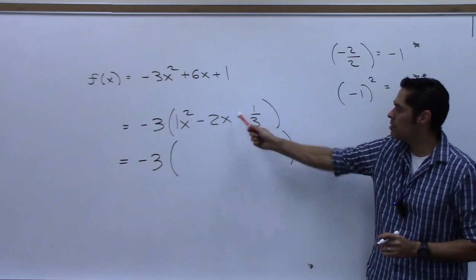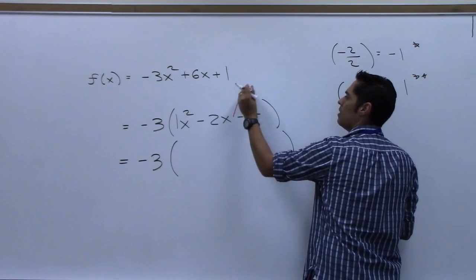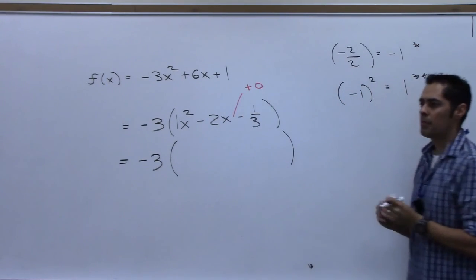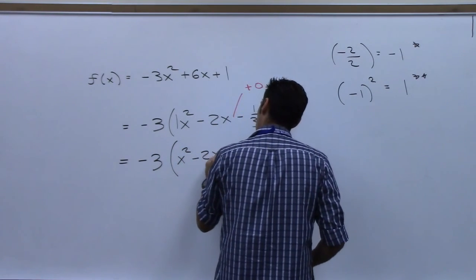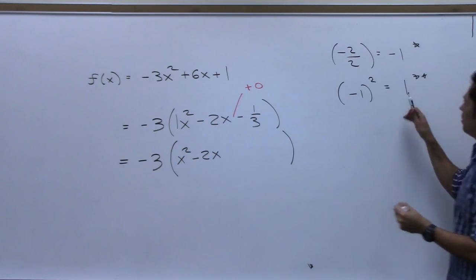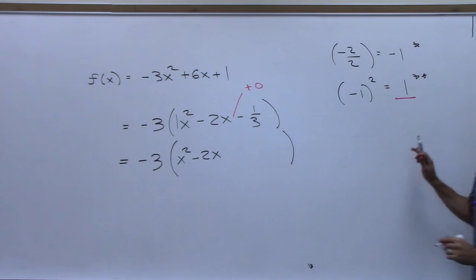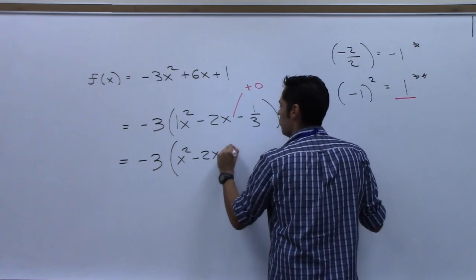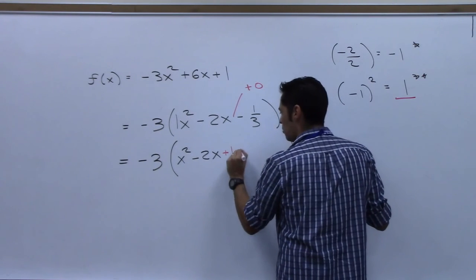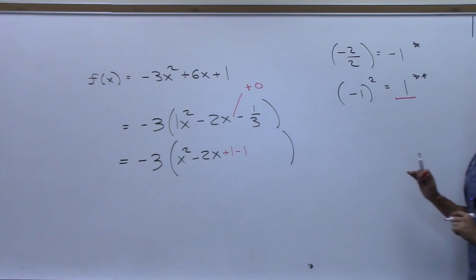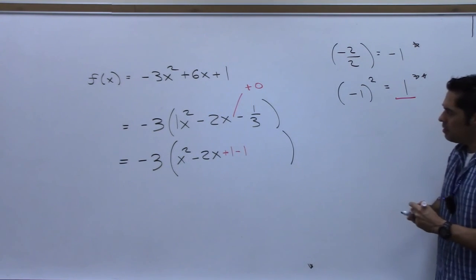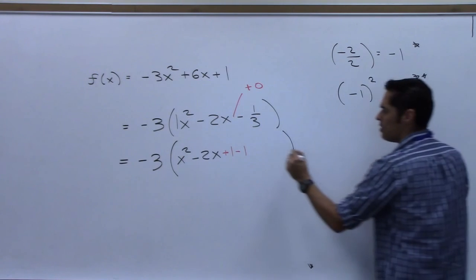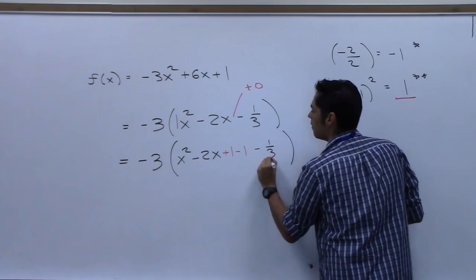So right in here is where I had plus 0, right? So I'm going to write down x squared minus 2x, but my hidden 0 I'm going to write in here using this number, which is going to be plus 1 minus 1. Do not do minus 1 plus 1. It's plus 1 minus 1. Are you always going to do plus then minus? Yes, always plus then minus for completing the square. And then what's still in there next to this? Minus 1/3. Like that, right?